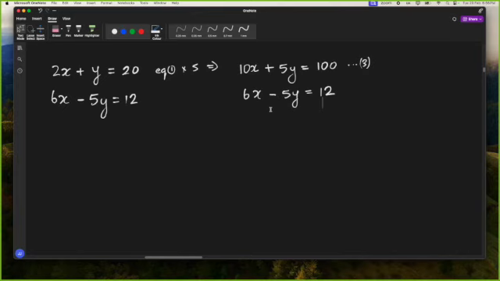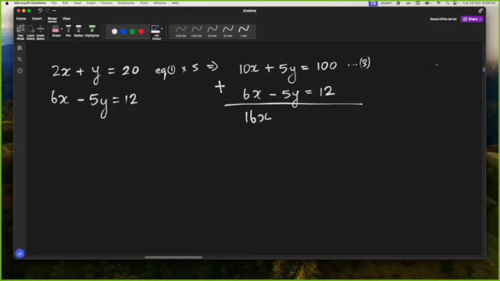This is where you have to be very careful. A lot of people would have subtracted, but remember 5y minus minus 5y will be 5y plus 5y. So no, you have to add them, right? So when you add them now, 10x plus 6x is 16x.